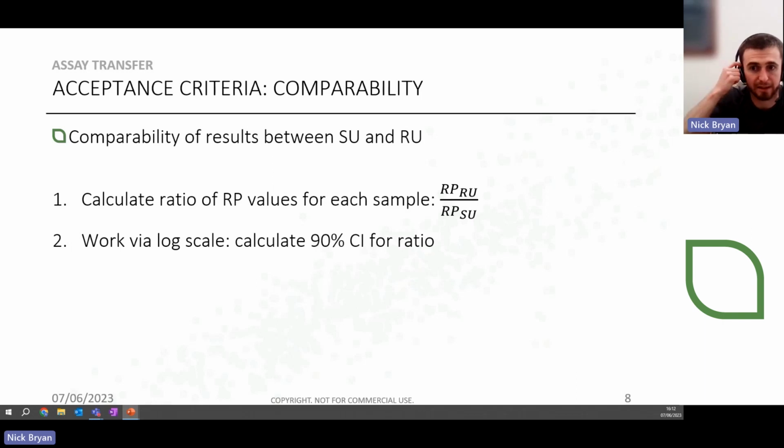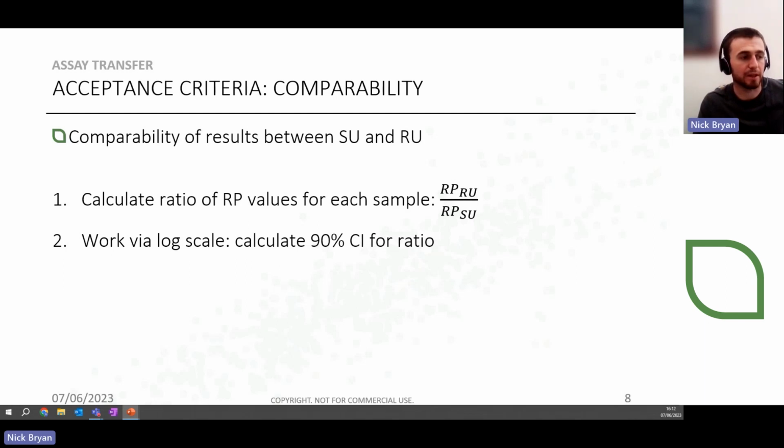We would then calculate a 90% confidence interval for the ratio. And this is like what we've done in equivalence testing before and discussed for that. We use this 90% confidence interval because it's equivalent to 2 one-sided tests at the 5% or 95% level.